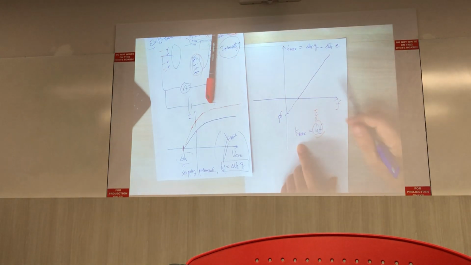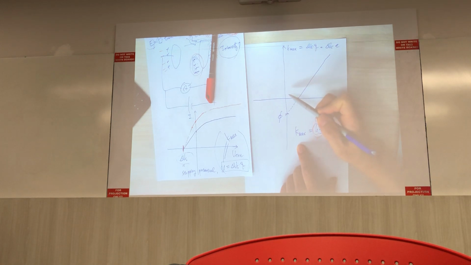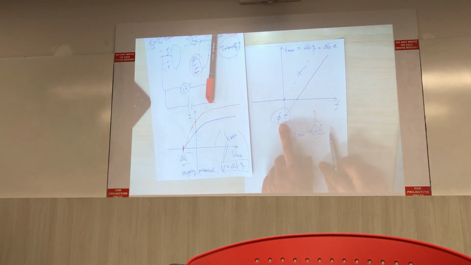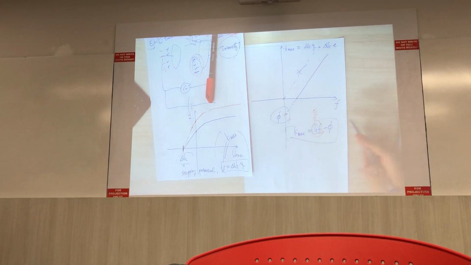Now, because this curve does not start from the origin, we don't have this direct relation, so we have to introduce the intersection point. We put this minus phi to complete the equation, and this is called the work function. So why do we need the work function? When the photon bombards this metal, it must break this bond, because electrons are bound to this metal.